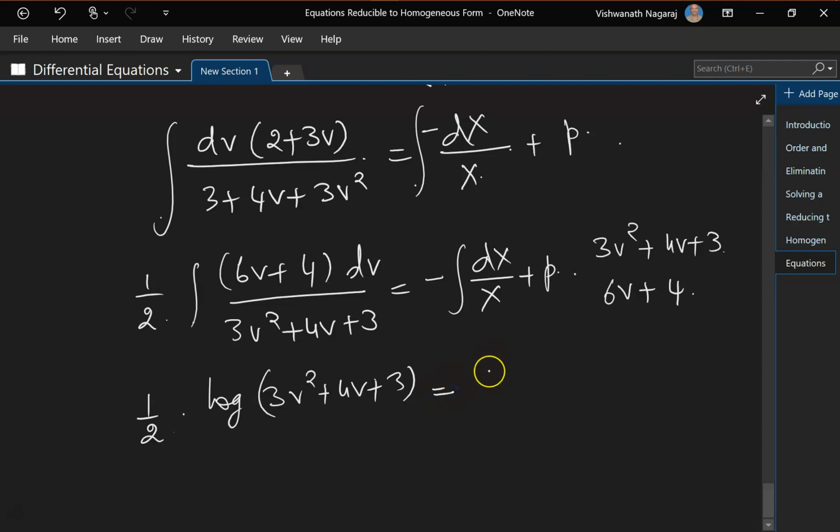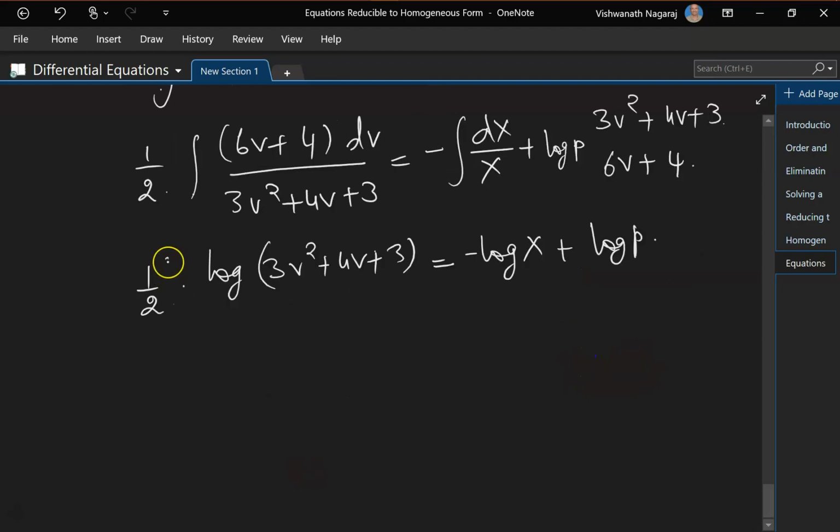This will become minus log x plus, since we will end up with logs, let's have them as log p.